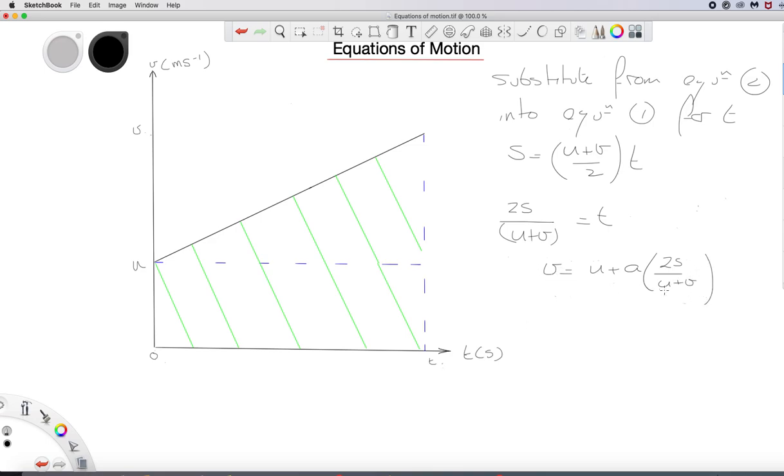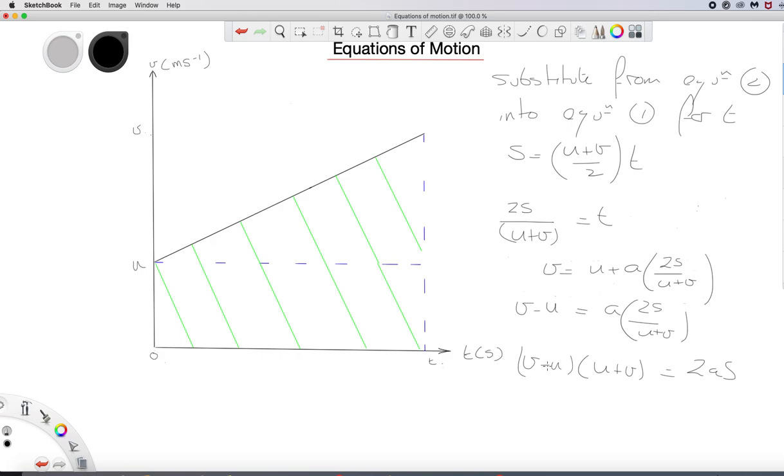Let's rearrange this slightly. Let's say we have v minus u equals a times 2s over u plus v. So then we have v minus u times u plus v equals 2as.